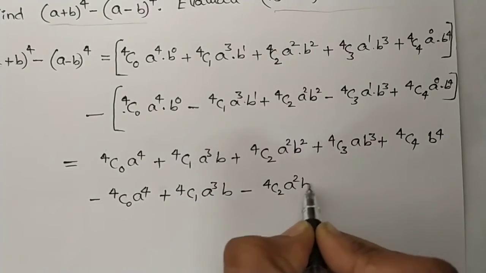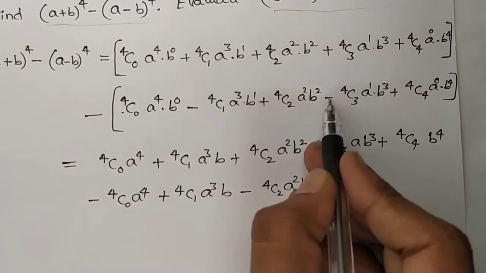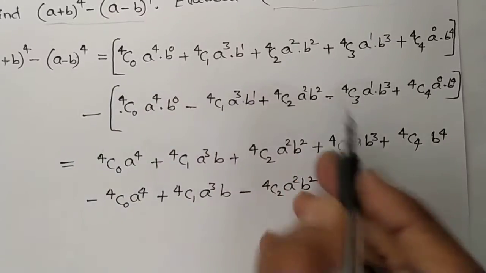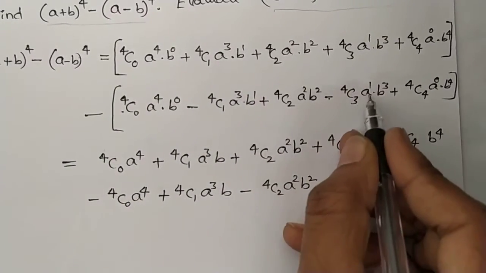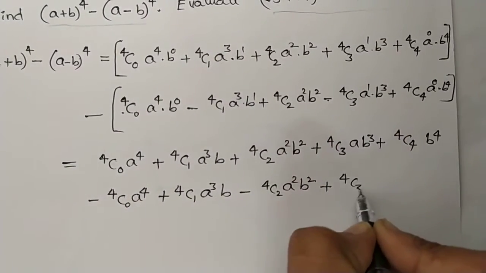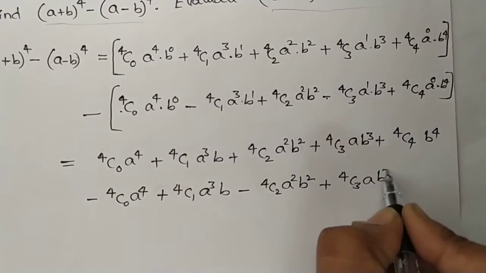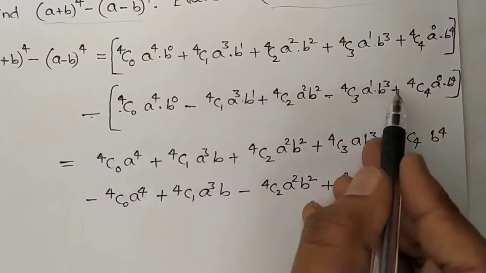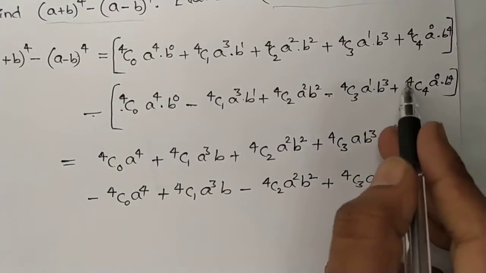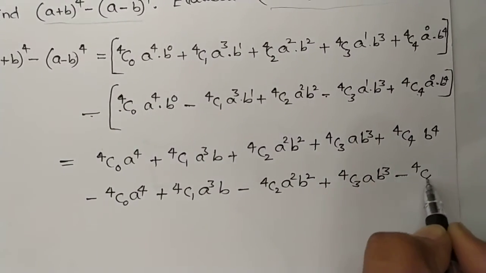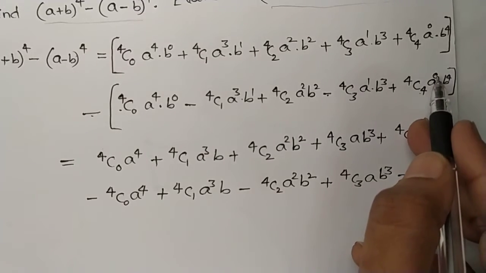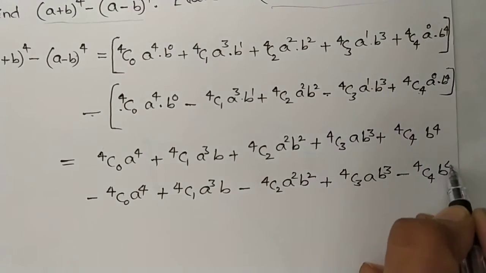Next, minus into minus is plus, 4c3 a power 1 is a into b cube. Next, minus into plus is minus, 4c4 a power 0 is 1, b power 4.